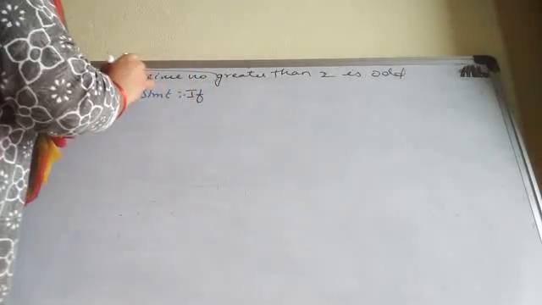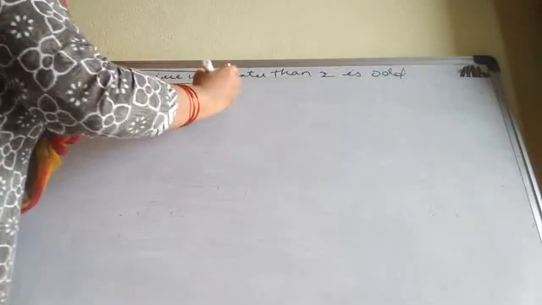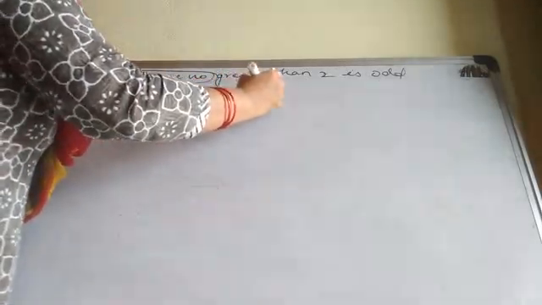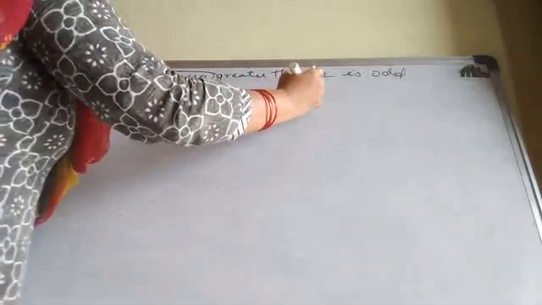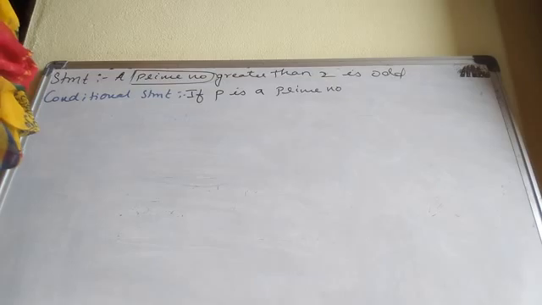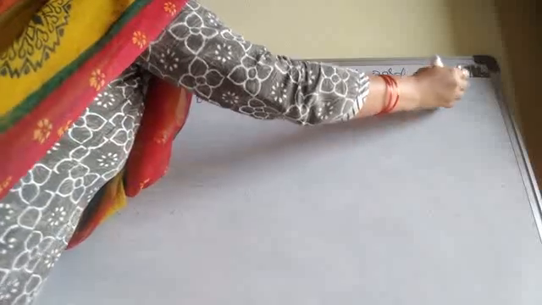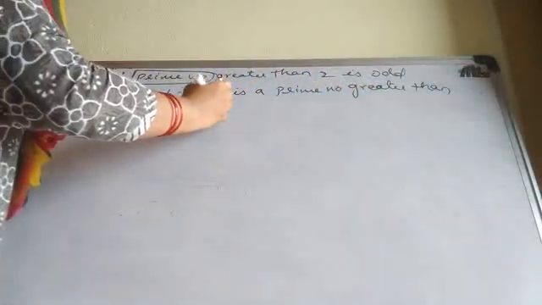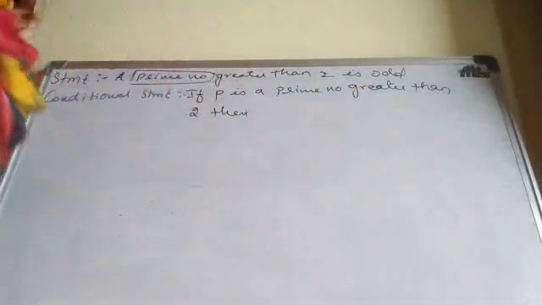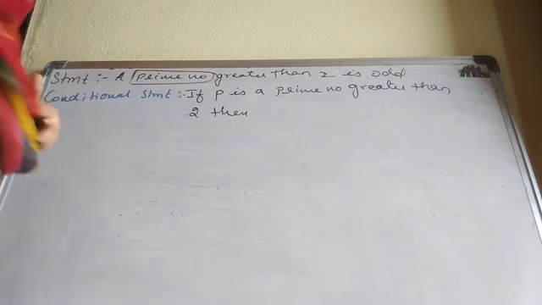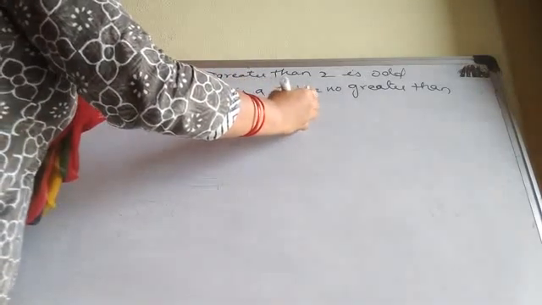Here we are using prime, so I use a variable. If P is a prime number greater than 2, then it is odd.